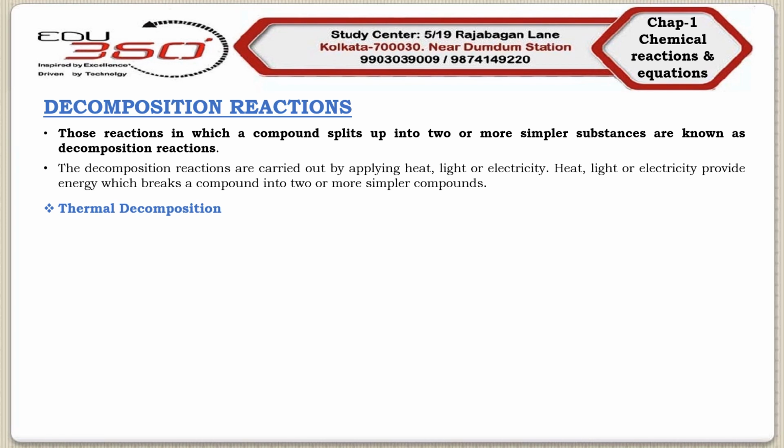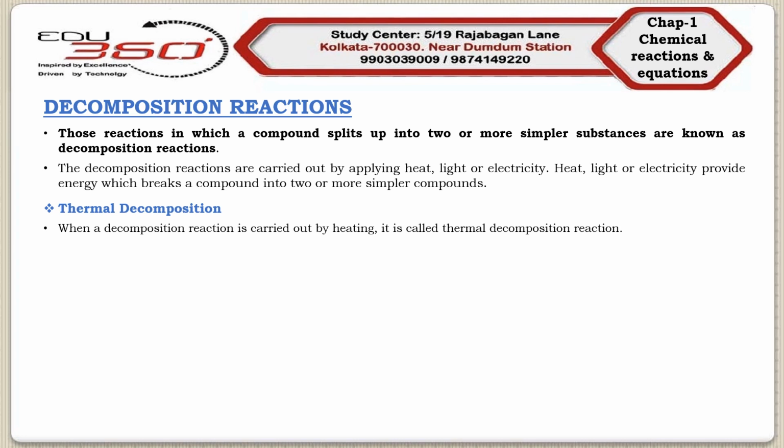That means if we carry out a decomposition reaction by the application of heat, it will be termed thermal decomposition. So we can say that when a decomposition reaction is carried out by heating, it is known as thermal decomposition or thermal decomposition reaction.